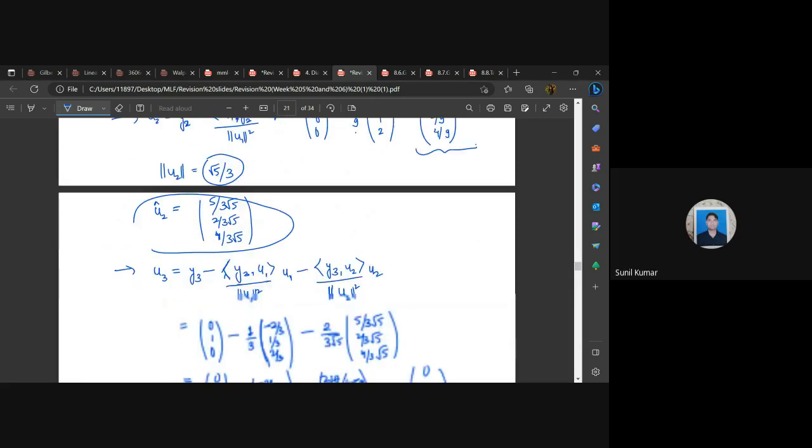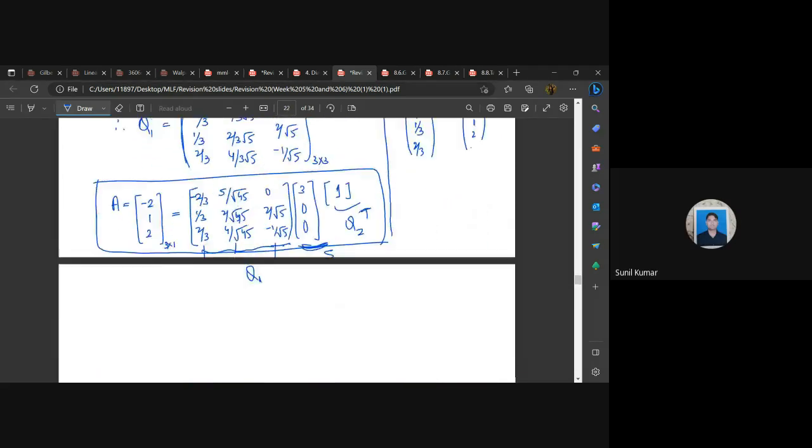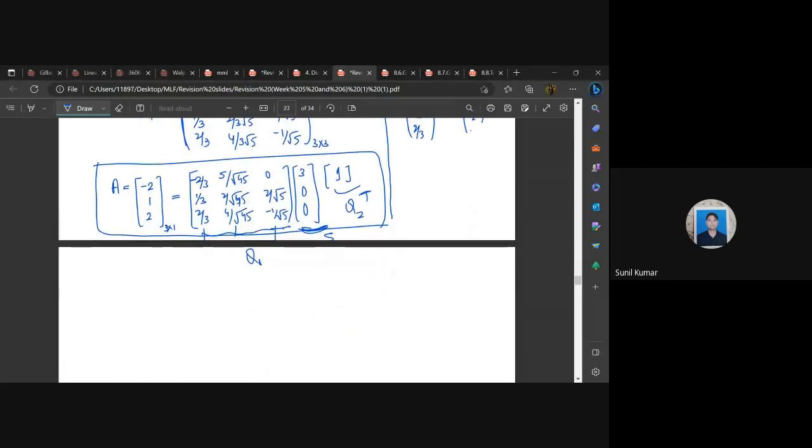So I'm giving you one vector: 1 by root 2, and the elements of the vector are 1 0 1.